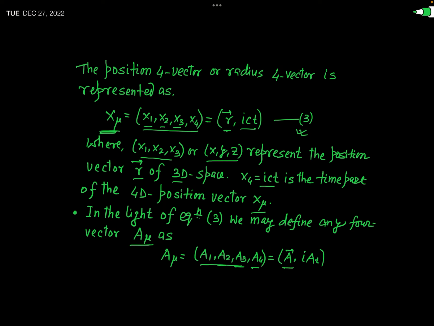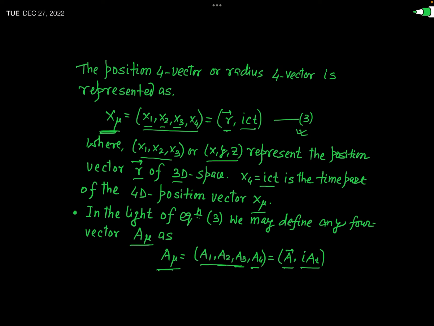And A4 is the 4th component, the time part of the 4 vector A mu in 4D space. As an analogy, we write A4 as i times At, where i stands for iota, that is, imaginary. This is a general expression for any 4 vector defined in 4D space.